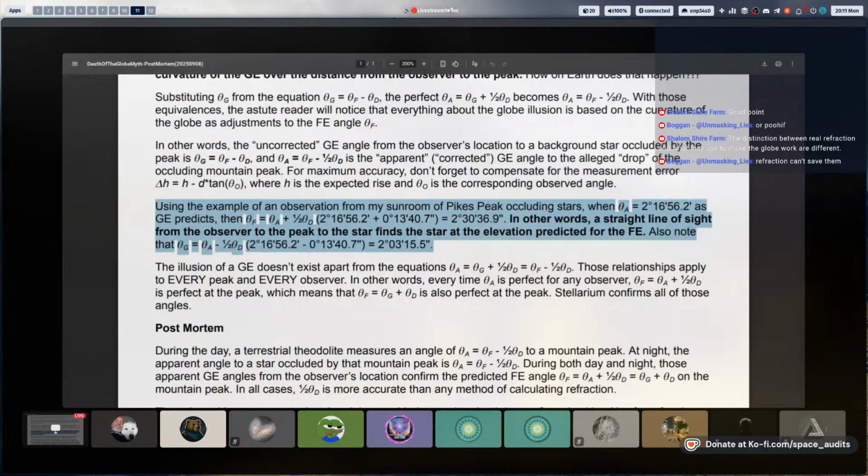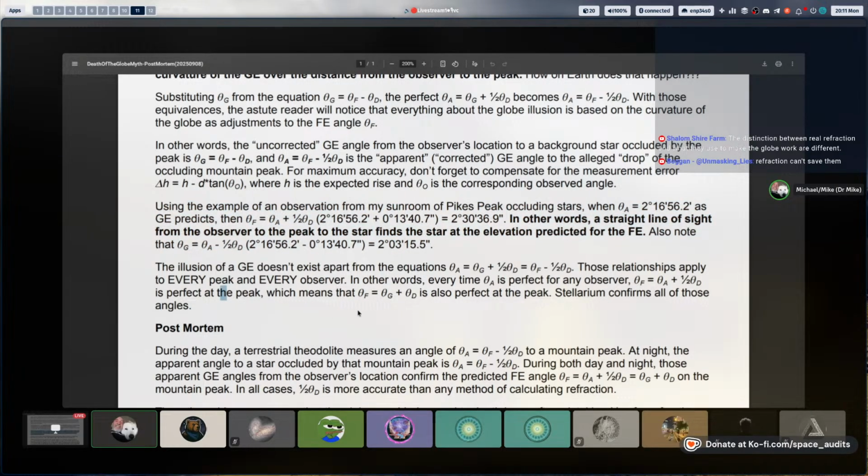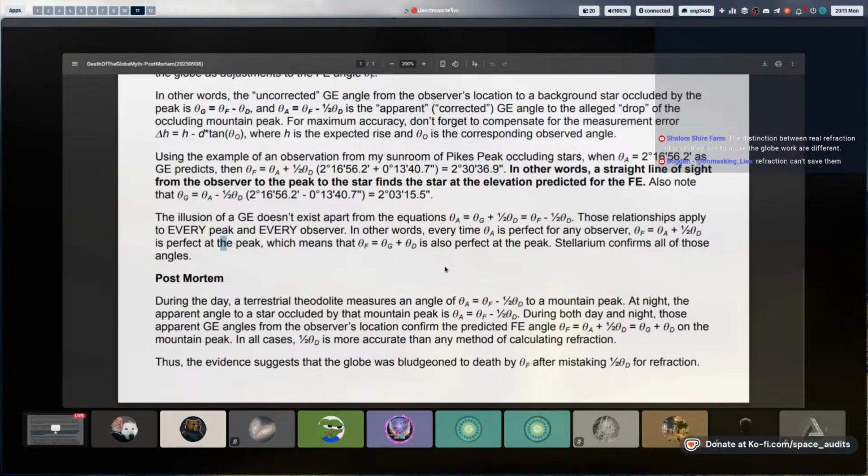Basically, what this paper is saying is that because of these angles and what they show, the globe Earth myth is dead. It doesn't even have a heartbeat anymore. It's all just talk from this point on.